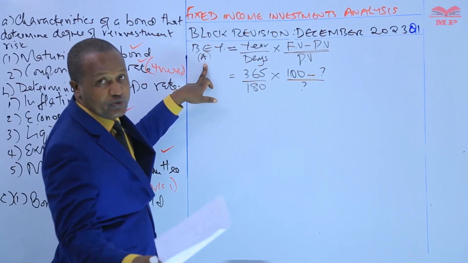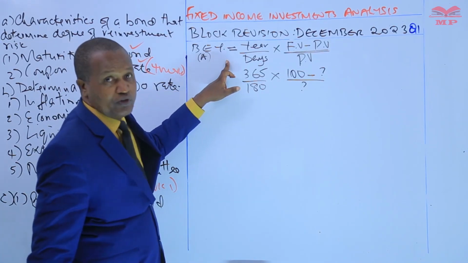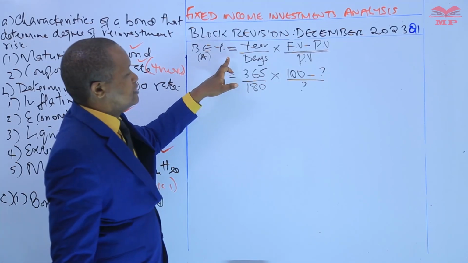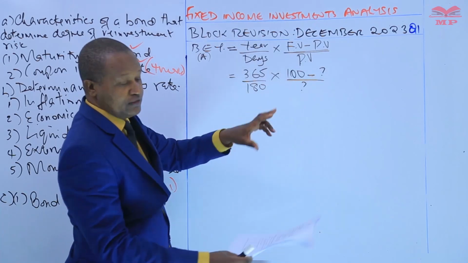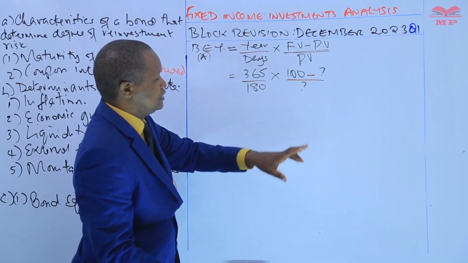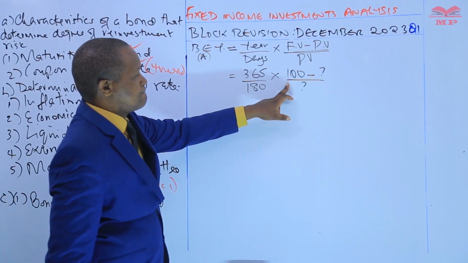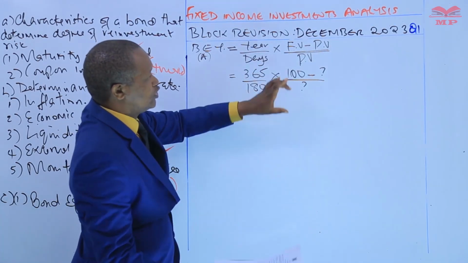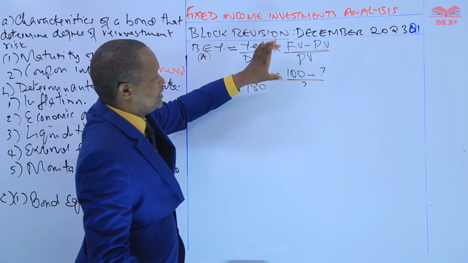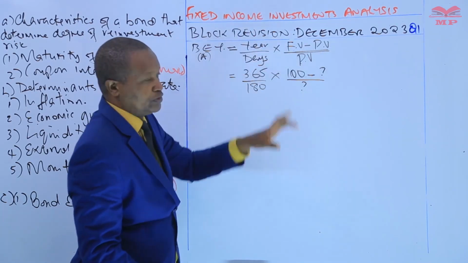So when faced with such a question, candidates, first of all put down the formula, then check from the question if you have all the inputs given, just the way I've done it here. You can see from the information given, we do not have the present value of this bond.